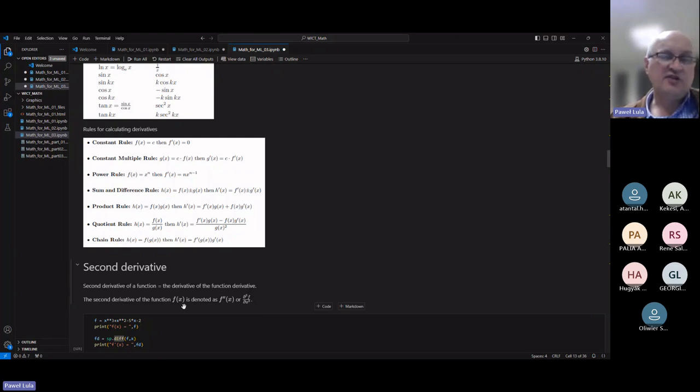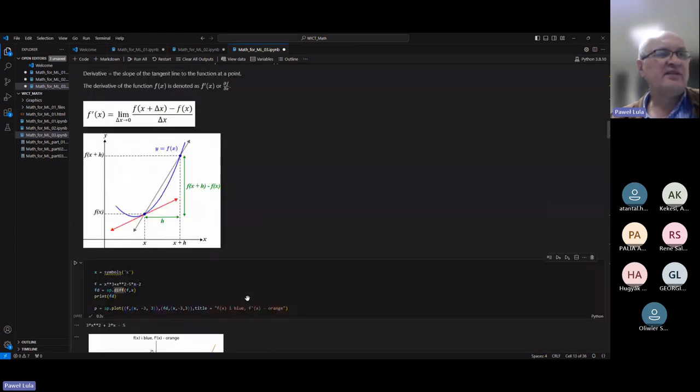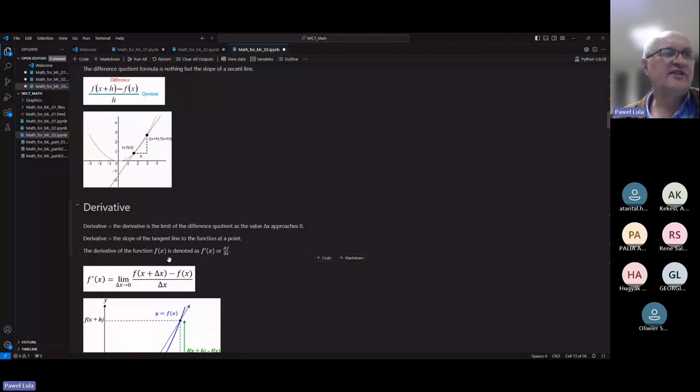When we have f function, the second derivative can be presented in this form or this form. Also, sorry, I missed it. I should have said here that the derivative of the f function is represented by this symbol or this symbol.